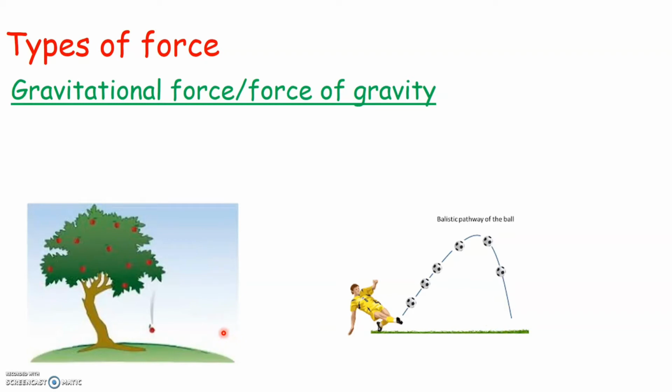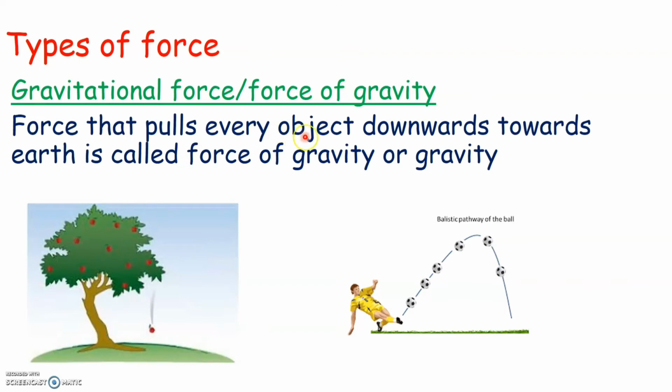Which means there is a force which is applied by earth which pulls things downwards. That is why all the things will fall downwards rather than going upwards. Now this force that pulls every object downwards towards the earth is called the force of gravity, otherwise known as gravitational force.